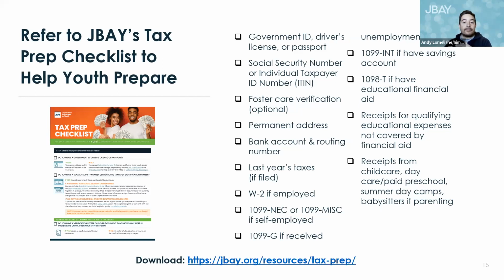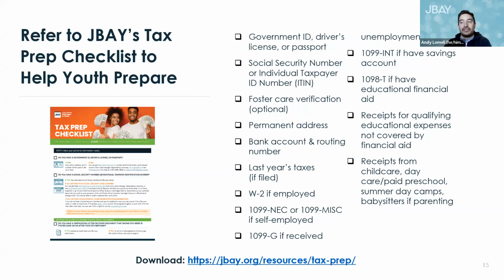And I know we got a question about this. Receipts for qualifying educational expenses directly tied to that Form 1098-T, you do want to be able to collect any receipts for any materials that you purchase that go toward your education. So textbooks, for instance.